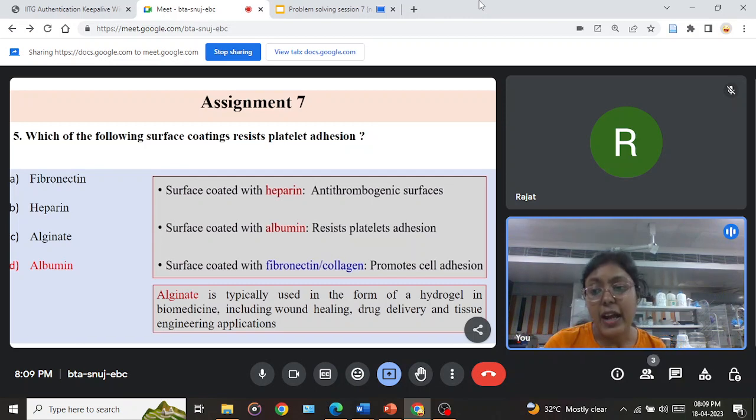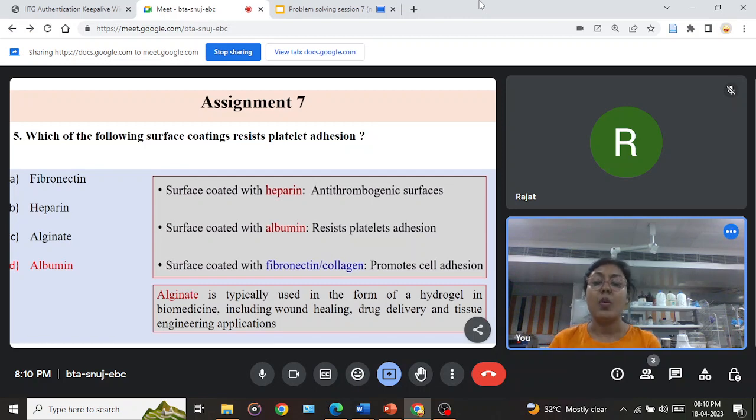Alginate is typically used in the form of a hydrogel in biomedicine, including wound healing, drug delivery and tissue engineering applications. Usually alginate in the form of hydrogel acts as an ECM, that is extracellular matrix, right? You have to remember again, a surface coated with albumin resists platelet adhesion.